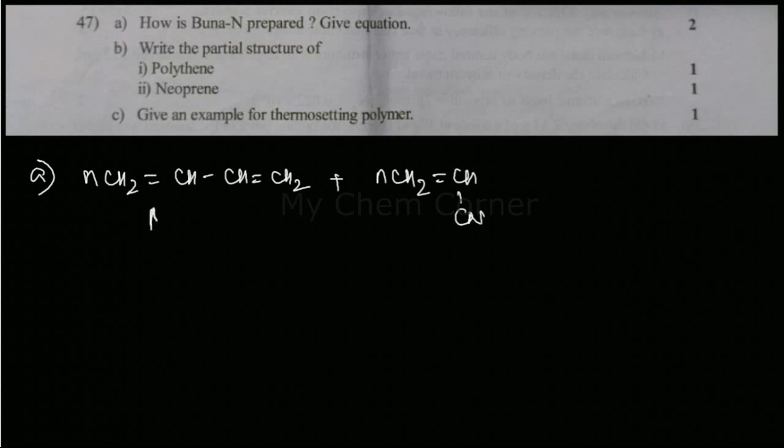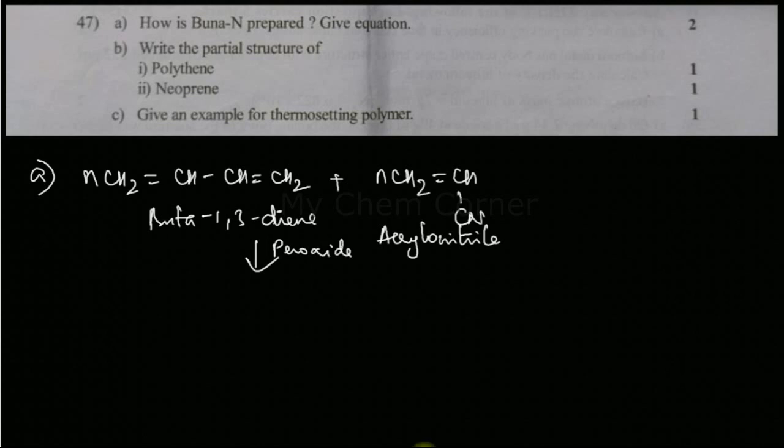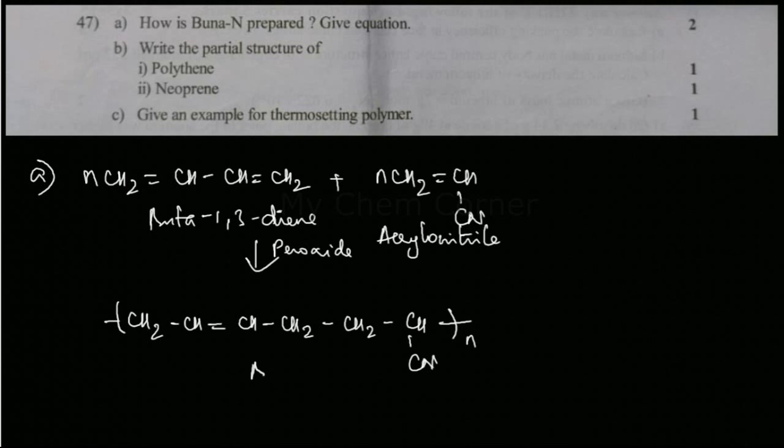Alright, so this is buta-1,3-diene, and this one is acrylonitrile. Alright, this will have to be treated with a peroxide, and you will get CH2, CH double bond CH, CH2, CH2, CH, CN, and here n. Alright, so this is going to be Buna-N.